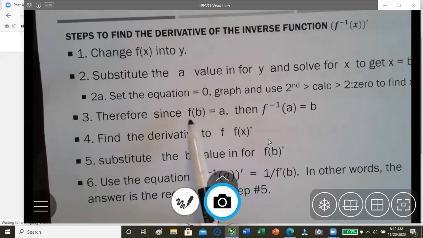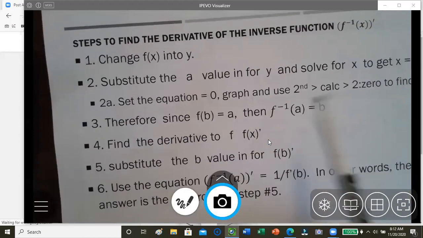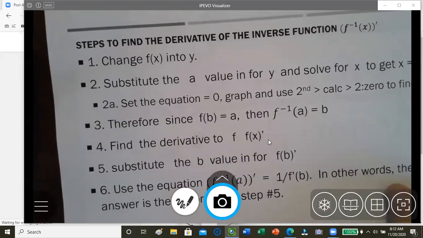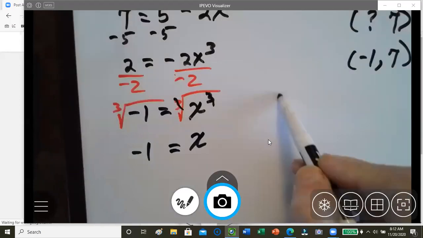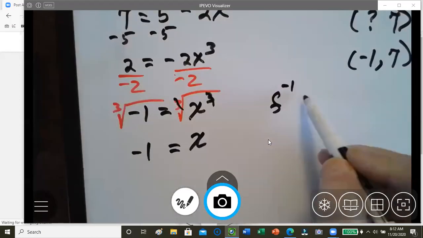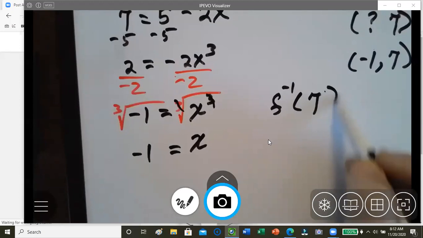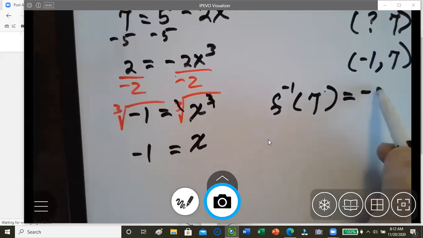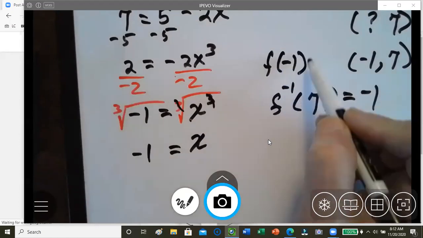Therefore, since f of b equals a, then f inverse of a equals b. So that means the inverse to this function is going to be 7, negative 1. So the function we put in negative 1, we get 7 out.